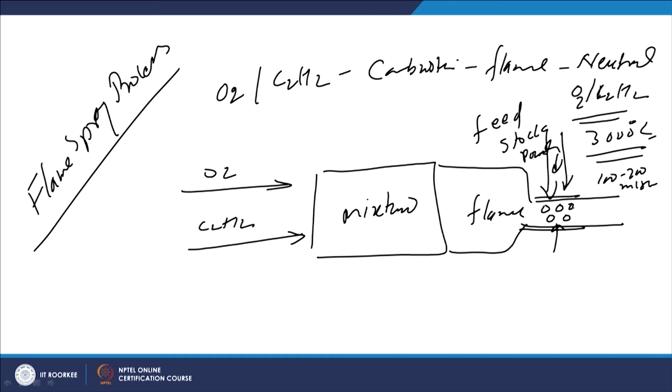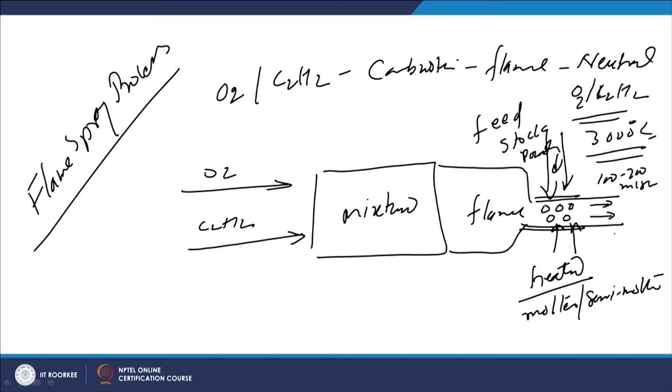So, first of all these will be heated to high temperature so that they can be brought to the molten or semi-molten state, and then when these particles are in the flame, they will be accelerated towards the surface of the substrate.